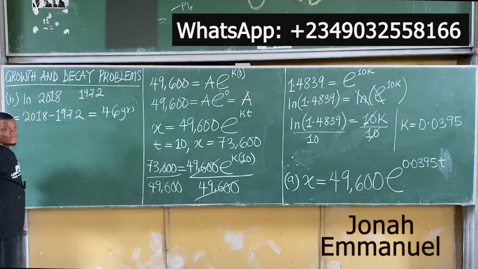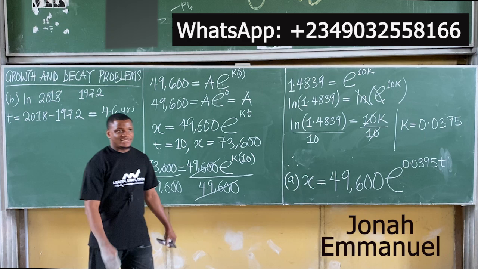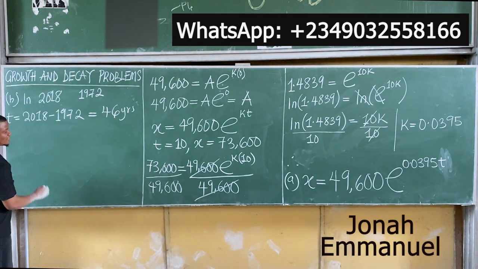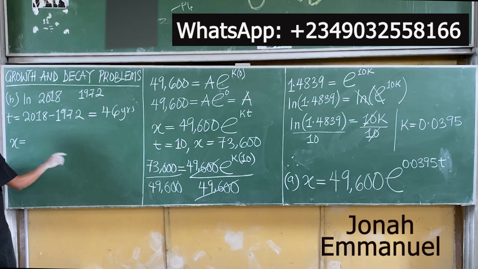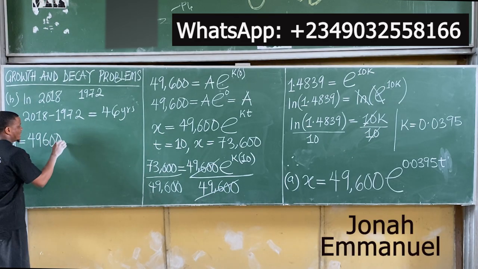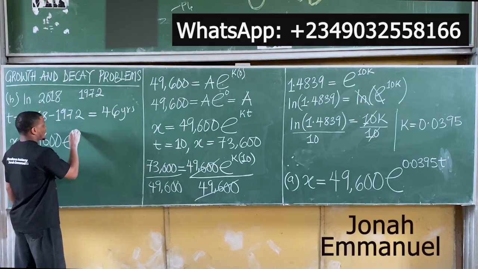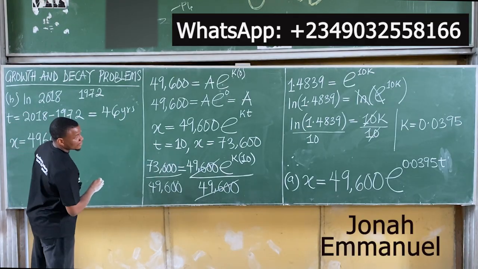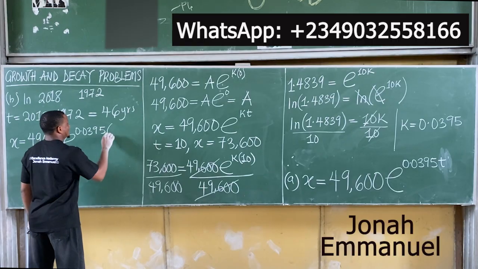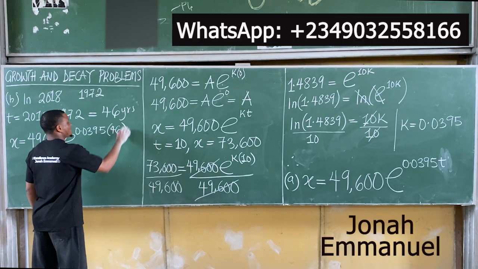So this is what you do: you get the exact date. So say it's 46 years. Just subtract them. So we have to find the population at t equal to 46. That's simply x equal to the equation there, 49,600 exponential 0.0395 times t, where t is 46. Please punch all of this.